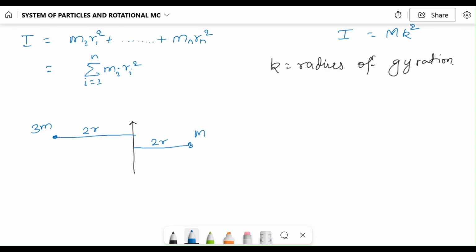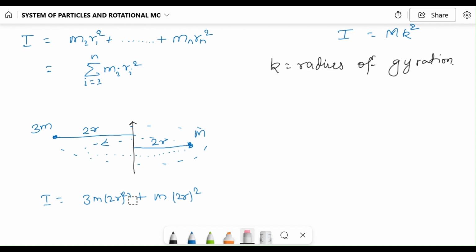Both are revolving around this axis. What will be the moment of inertia in this case? We can write the moment of inertia equals 3m times 2r whole square plus m times 2r whole square.